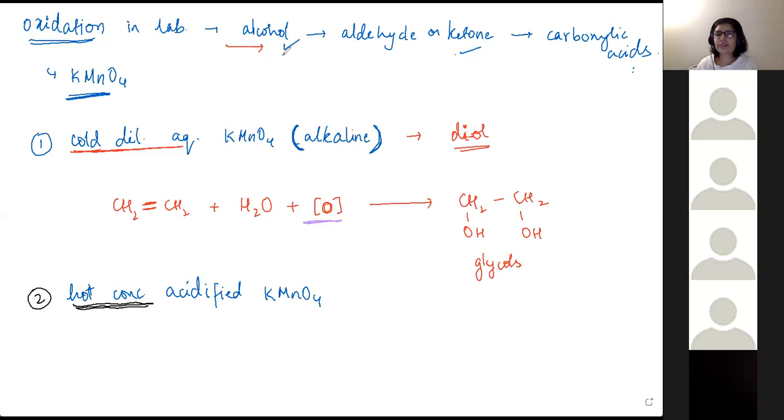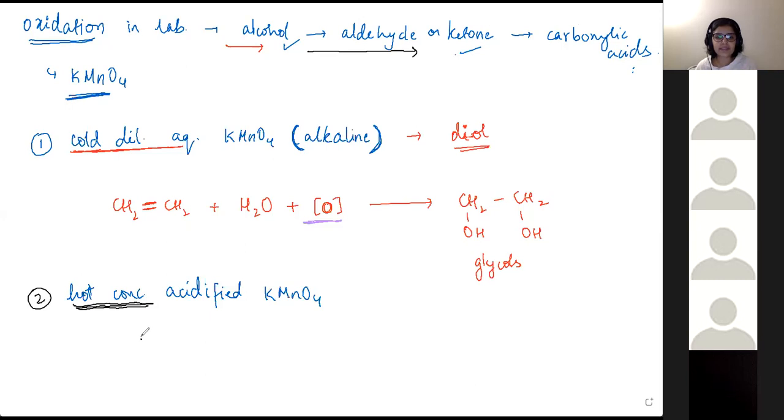So it's going to go further than the alcohol. Whether it's going to stop at an aldehyde, ketone or carboxylic acid will depend on what groups are attached on both sides of the double bond. Okay.